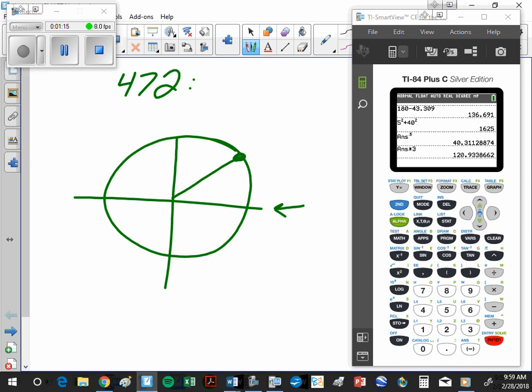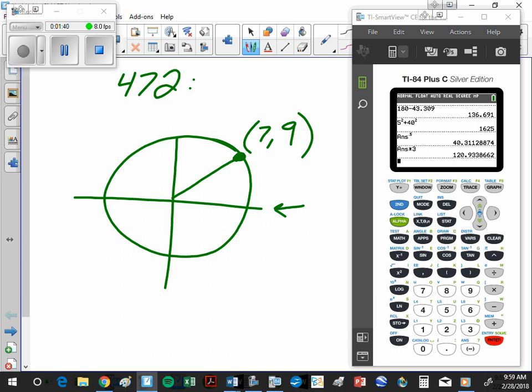So if I ended up stopping at a point which was 7, 9, then I can build a triangle off of that, and I can find sine, cosine, and tangent, with theta being unknown.